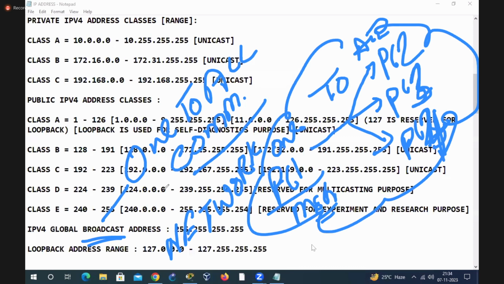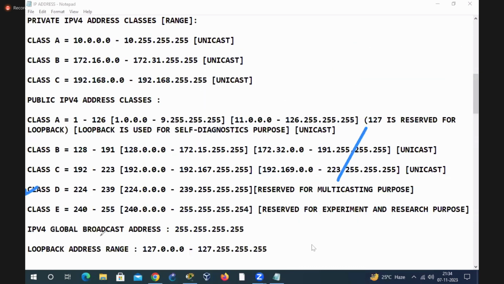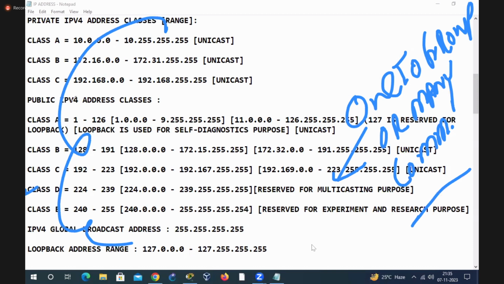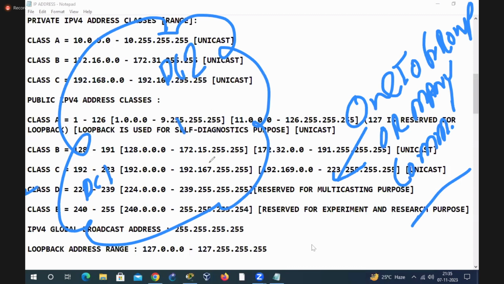Then you have this class D, which is used in multicasting. What is multicasting? That is one-to-group or one-to-many communication. For example, let's say that this is our network here, where we have our PC communicating to a certain group of machines.